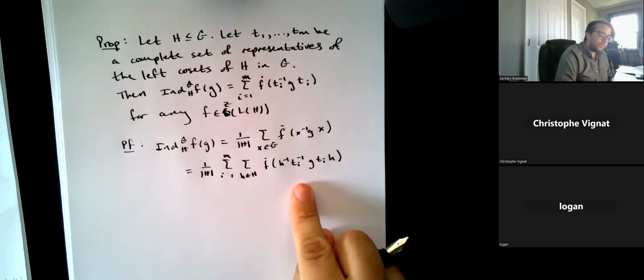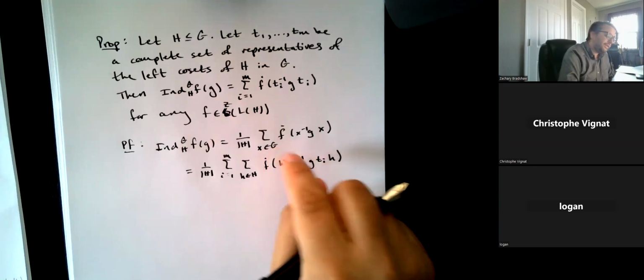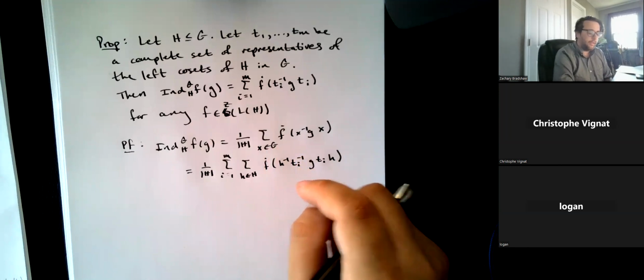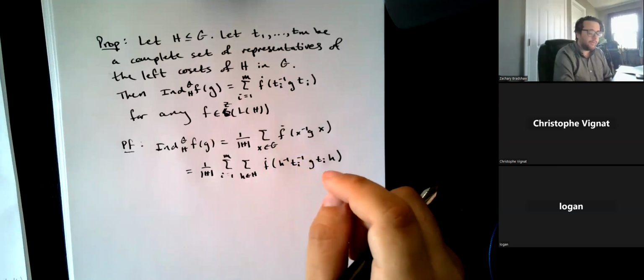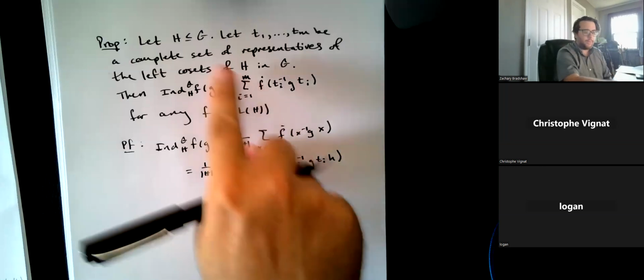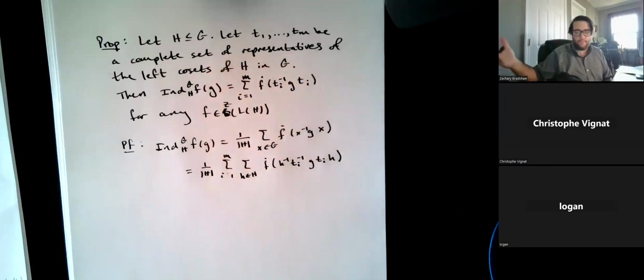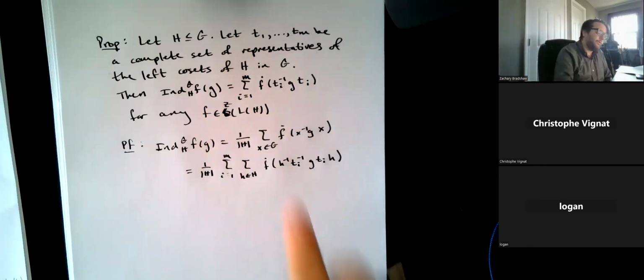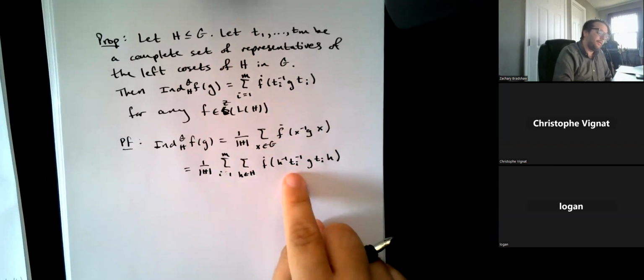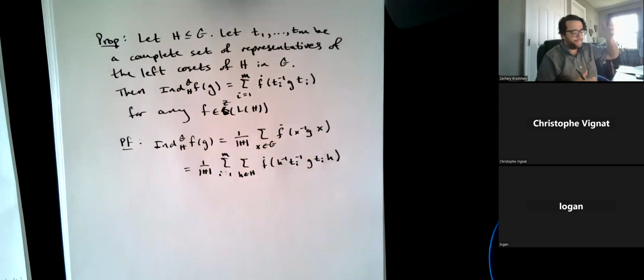And the reason this holds is because G is partitioned by the left cosets of H. And so every element of G looks like Ti h for some Ti, one of my representatives, and h in H. And so summing over the elements of G is the same as summing over all possible combinations of a representative and an element of H.